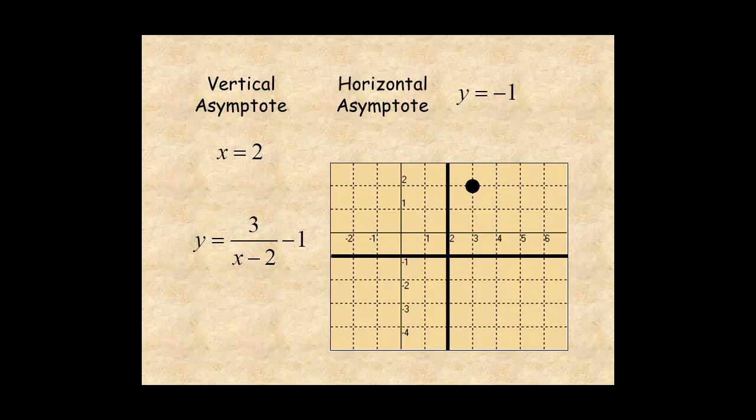Then calculate a point 1 unit to the left of the VA at x equals 1. Substitute x equals 1 into the equation. You get y equals 3 over -1 minus 1, which is y equals -4. So graph a point at 1, -4.